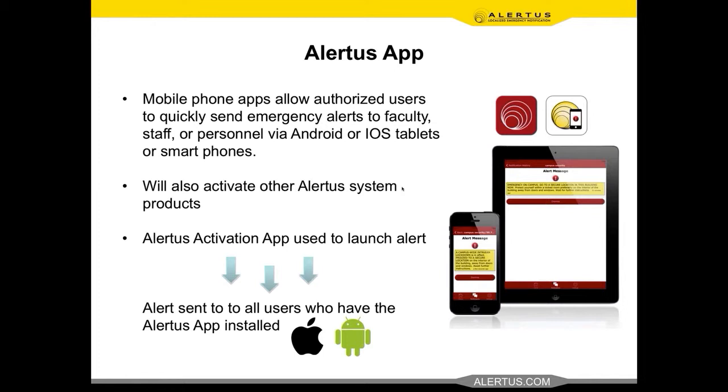The activation goes out through the network. It could be wired or wireless. And then you've got all the different devices and assets that we can activate and integrate with. So anything from our alert beacon and LED marquees to high-powered speaker arrays, providing a very loud, clear, intelligible message to outdoor areas, for your outdoor ball fields, parking lots, those kind of things.